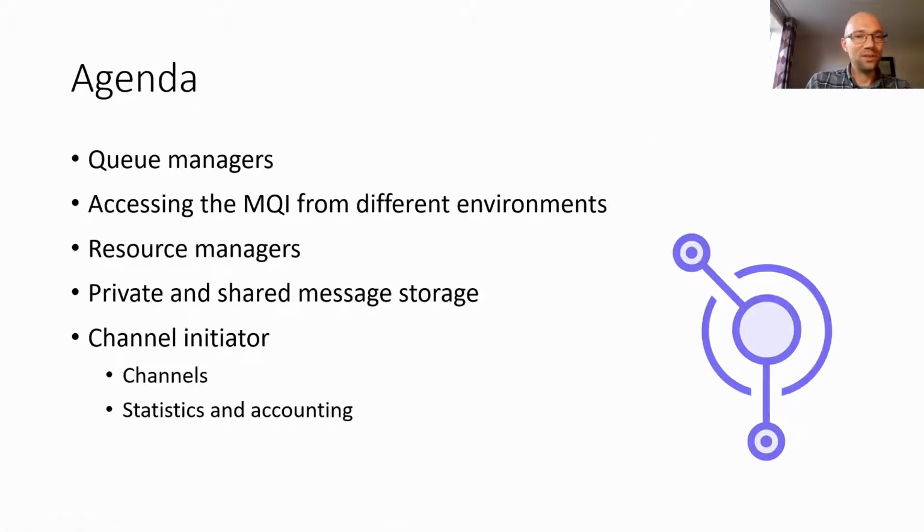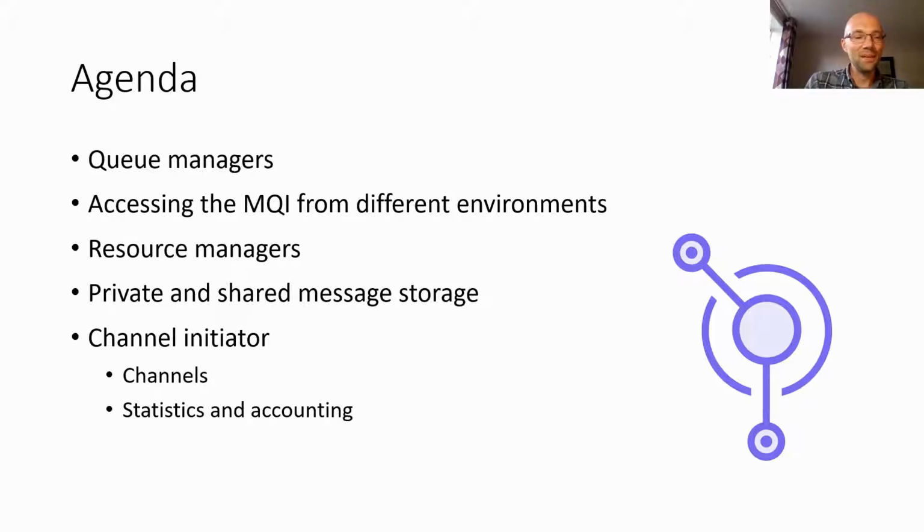So what we're going to do is start off with what the queue manager actually is, what sort of work it's designed to process, and so on. We'll look at how applications call into the queue manager to perform their work, and then we'll take a look at some of what goes on inside the queue manager in what's known as the resource manager.